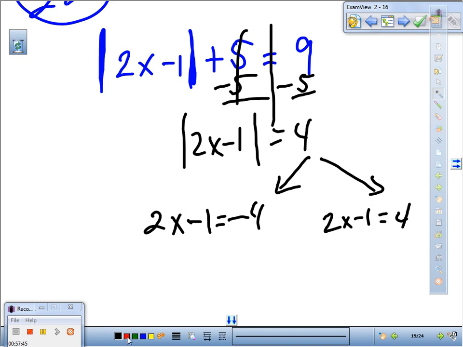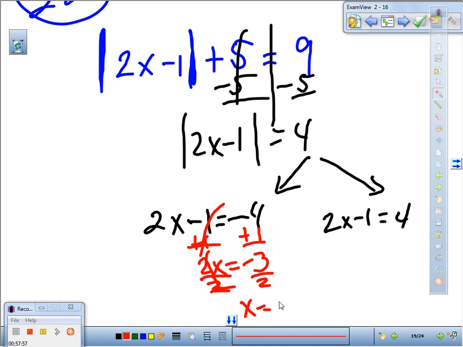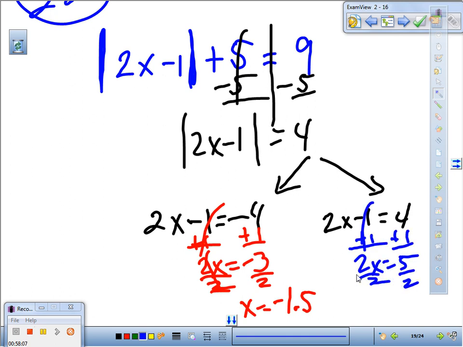We solve. Plus 1 plus 1, 2x equals negative 3, divide by 2. I know, it's fun, right? X equals negative 1.5. This one in blue, plus 1 plus 1, 2x equals 5, divide by 2.